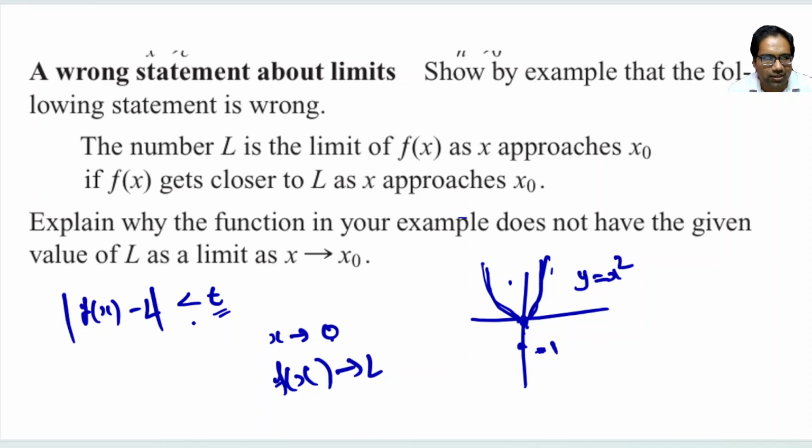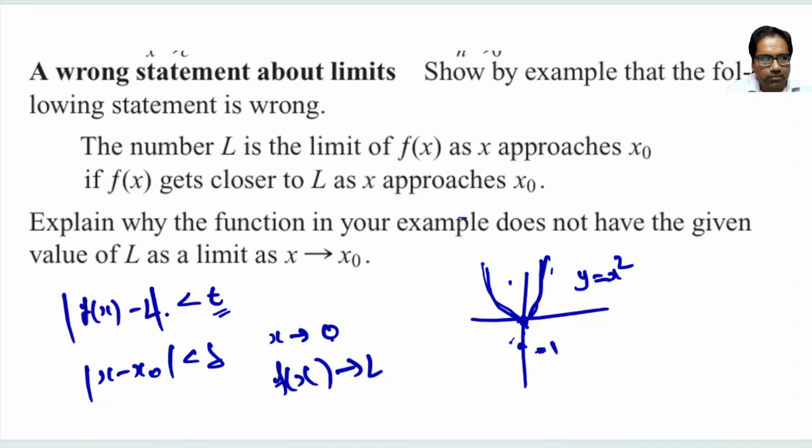Here, what is the definition? When the absolute value of x minus x naught is less than delta. The problem is, when someone defines it as just less than something, then we don't have a delta here.